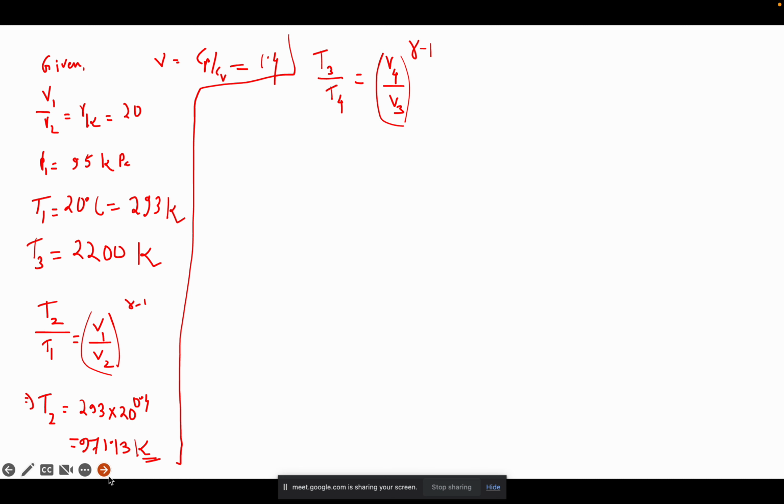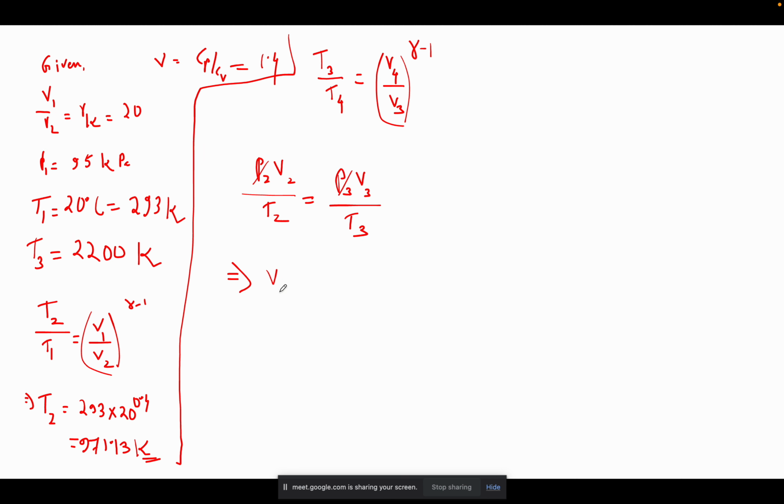Now in order to calculate V3, you should know V2. P2 V2 divided by T2 is equal to P3 V3 divided by T3. Now this 2 to 3 is a constant pressure process.